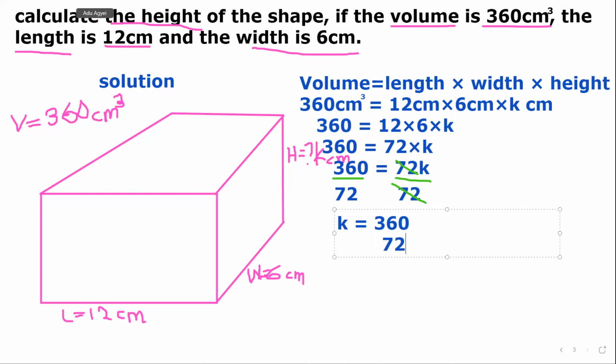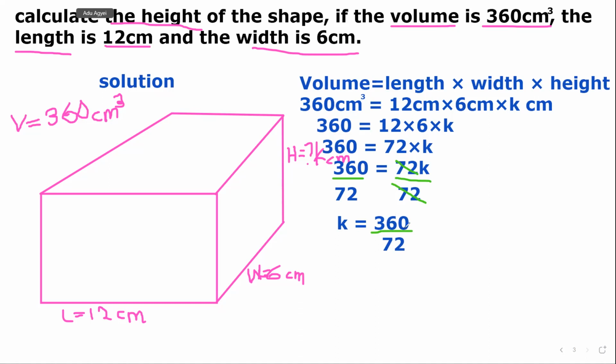So the 360 over 72, we can do the cancellation here. You can use any common multiple to cancel, but when you start with the minimum common multiple, it will be advisable, and you'll be able to cancel everything here.